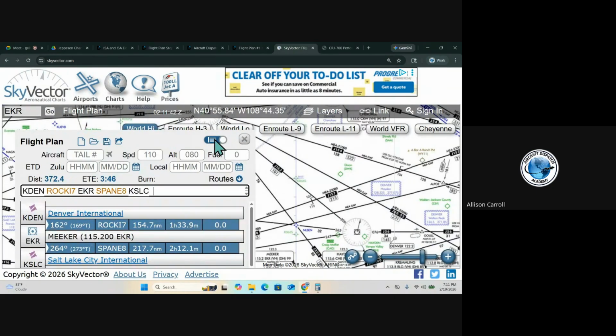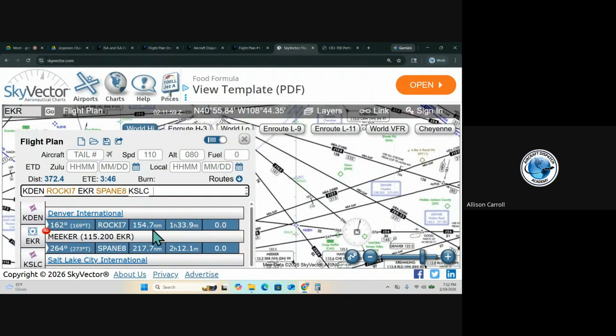And when you click that, when you toggle it, now you can see all the information about the different points. Okay, so from Denver to Meeker, we're going to go at 162 degrees on the Rocky 7 departure. And from Denver to Meeker, it's 154.7 nautical miles.